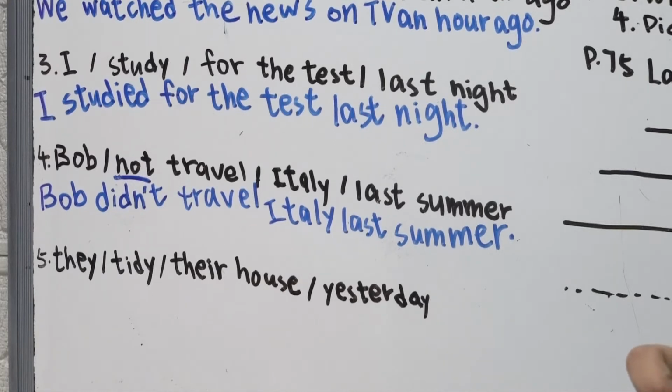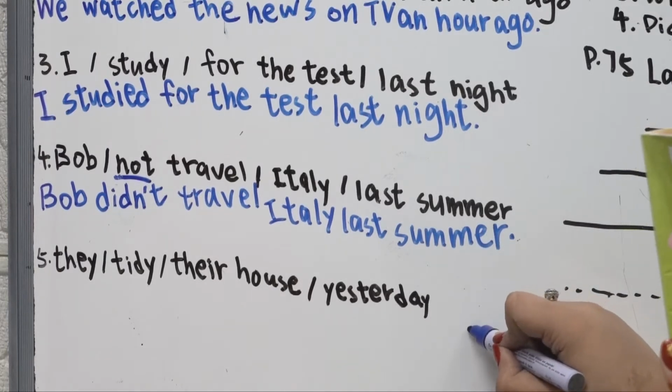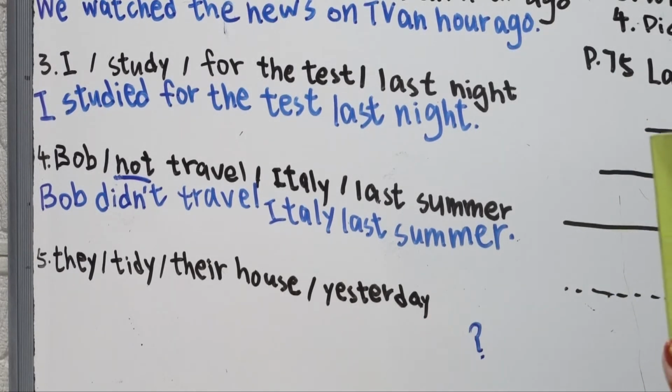Okay, and then 5. According to your book, there's a question mark at the end. It tells you we have to ask a question in the past. Whenever we ask a question regarding the past, how would you ask?